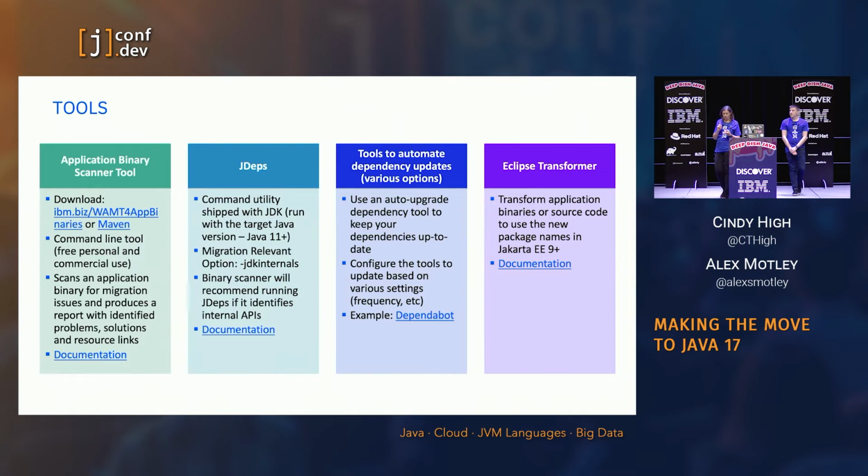It can work on source code or on your application binary. Being in the application server space, we use that a lot just to build a little test application. When we need a Jakarta application versus a Java EE application, the Eclipse Transformer tool can be used to convert Java EE to Jakarta EE.